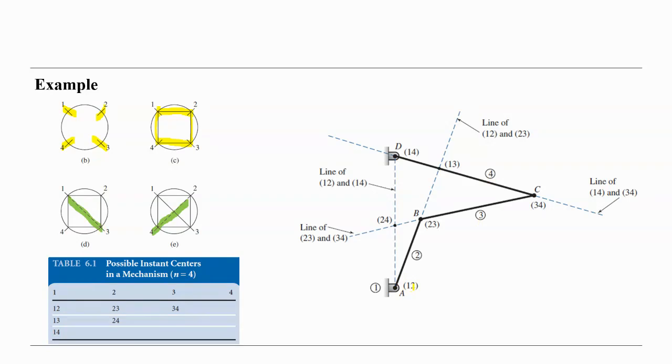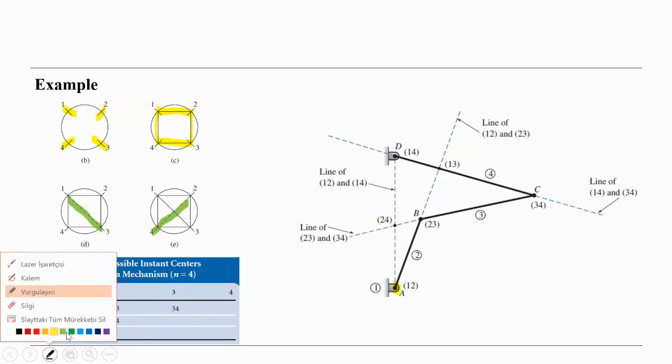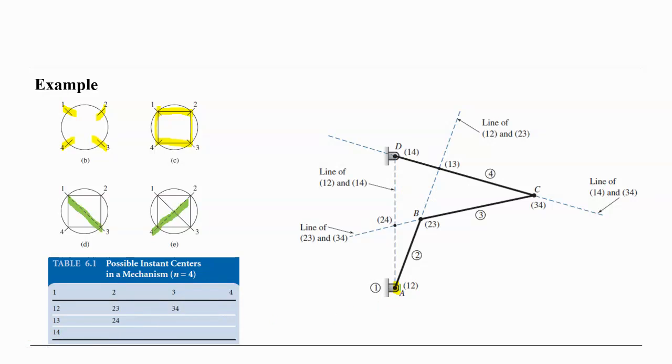This is 1,2 here. Let's use another color, maybe it's better. 1,2 is the point A. And then 2,3: this is 2,3 here, you see.